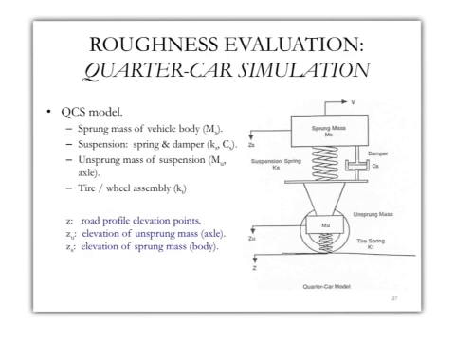Once we have all those parameters defined, I'm interested in measuring three different types of elevations, or points of interest. The very first one is Z. Z is simply the road profile elevation points, which is the interaction between the tire and the surface of the pavement. Then I also have ZU, the elevation of the unsprung mass, or the axle.